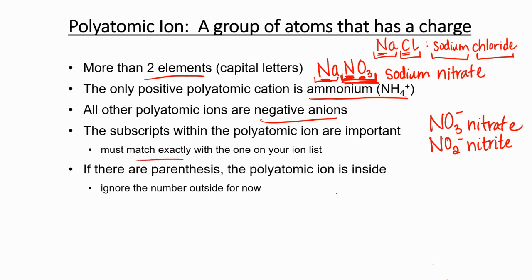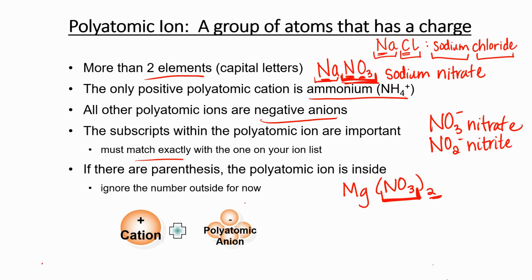If there are any parentheses, for example, let's say magnesium was in a compound with nitrate, there would be some parentheses, and you can find the polyatomic ion within those parentheses, and you can kind of ignore those numbers for right now. So that sort of gets us through the details of identifying when we actually have a polyatomic ion.